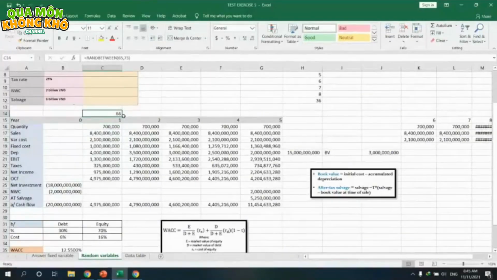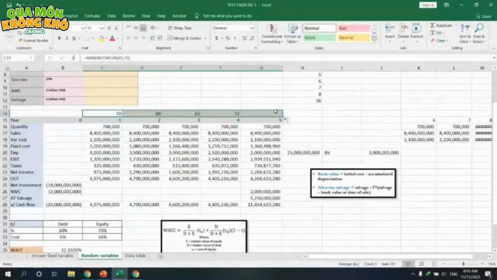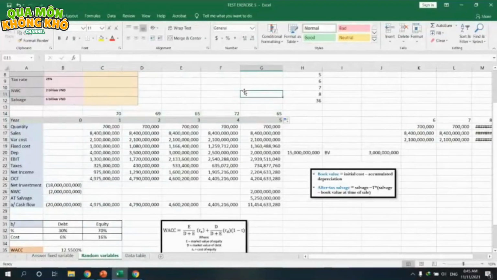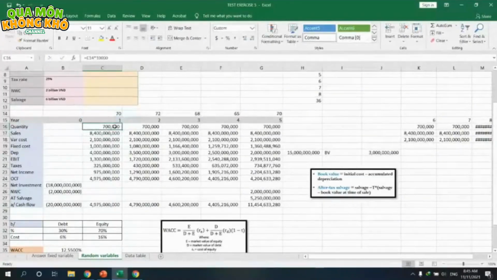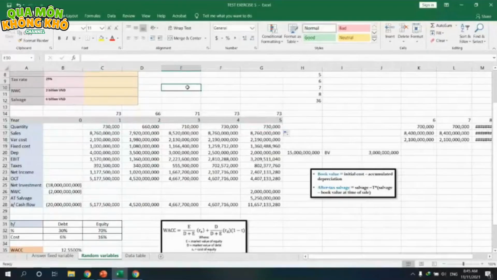Yeah. It will randomly pick for you. This. And you take this, multiply with 10,000. It will randomly pick the value for you.